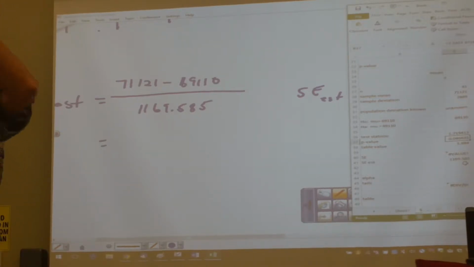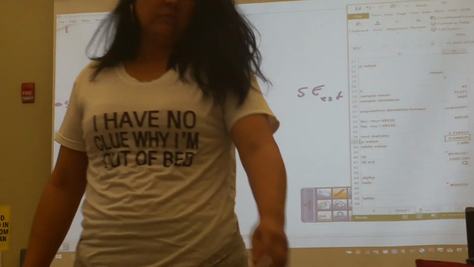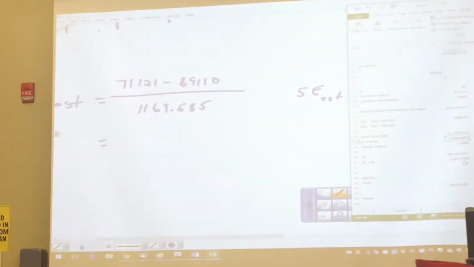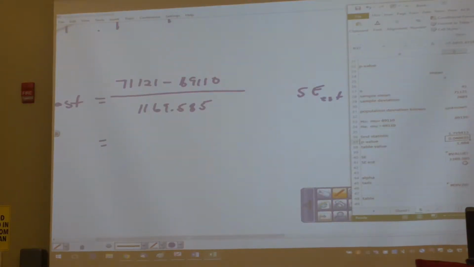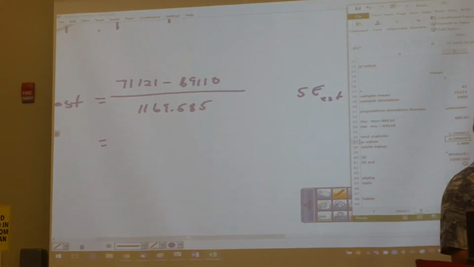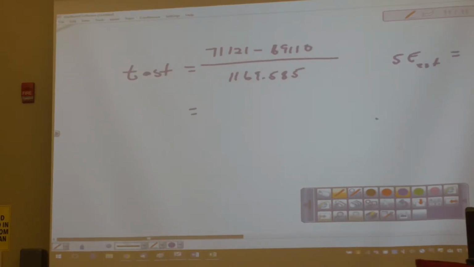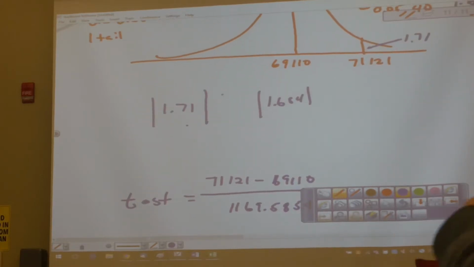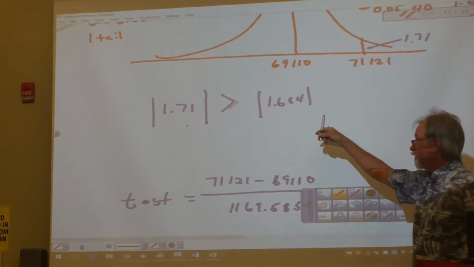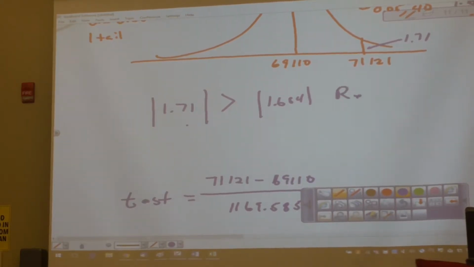And you use the test statistic as the X value. Again, if the p-value is less than alpha, you still reject. You still make the same decision. If the calculated value is greater than the table value, you reject.